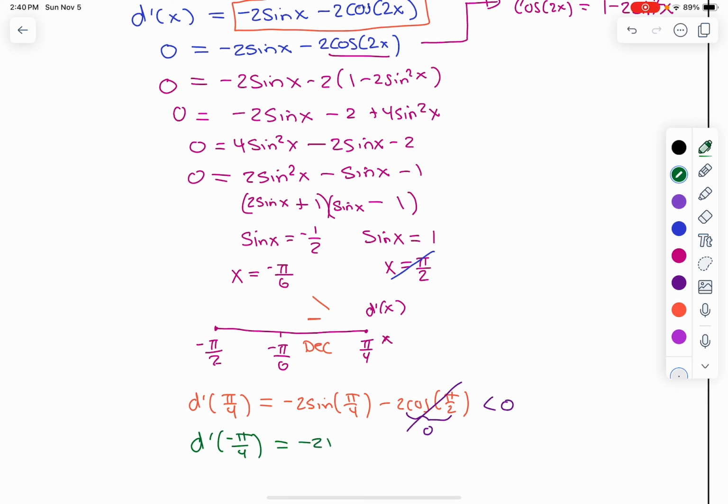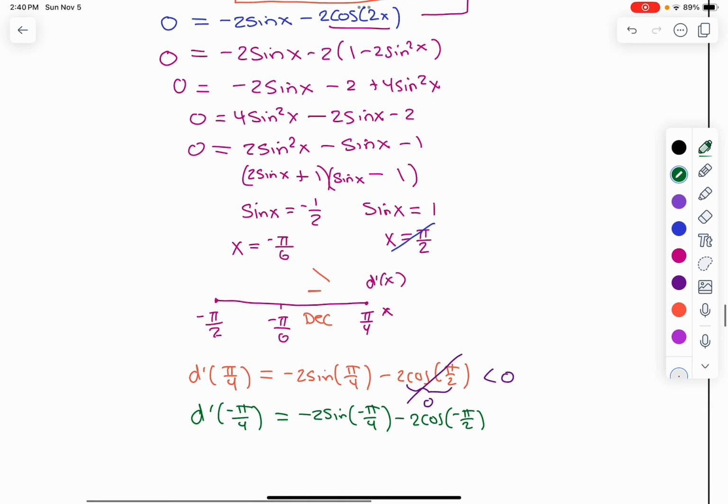That's negative 2 sine of negative pi over 4 minus 2 cosine of, so that becomes negative pi over 2, right? Because 2 times negative pi over 4 is negative pi over 2. That's 0 again, so that's gone. And sine of negative pi over 4 is negative.